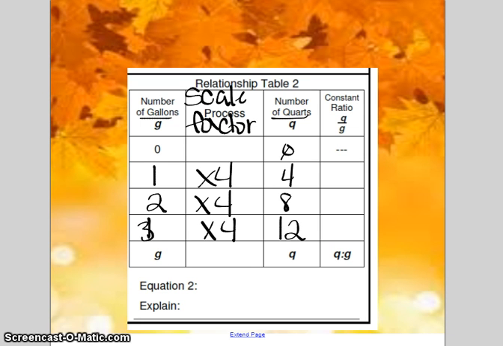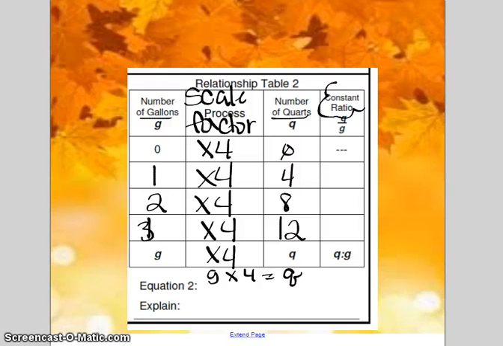So if I do any gallon times 4, I'm going to get my quarts. So my equation is any gallon times 4 will give me my quarts. Up here, no matter what my gallon is, even if it's a 0, I'm still multiplying by 4, but I'm not going to get anything, because anything multiplied by 0 is 0.